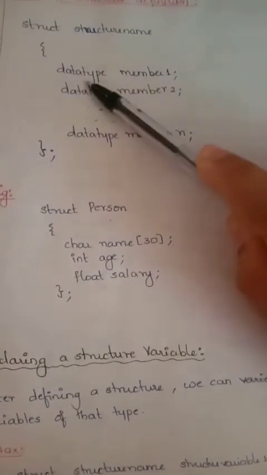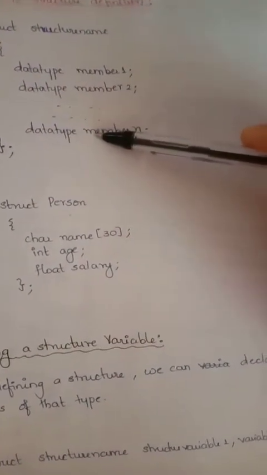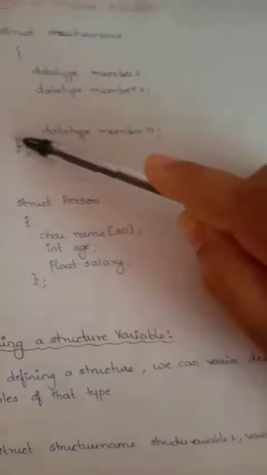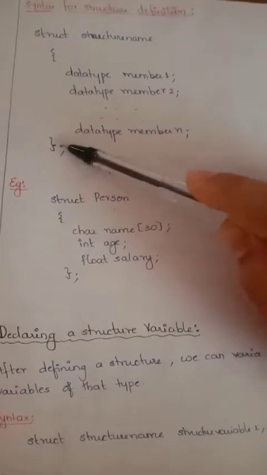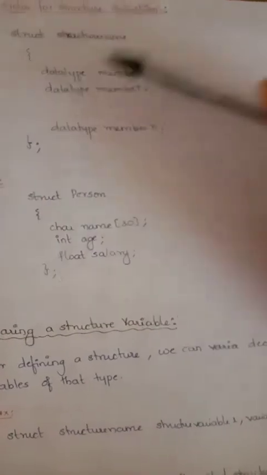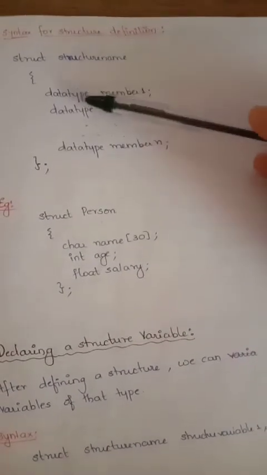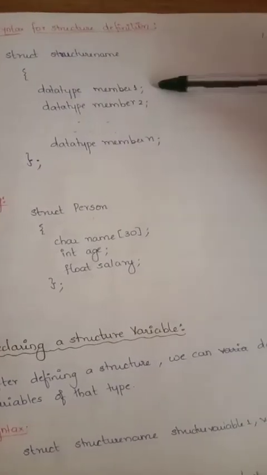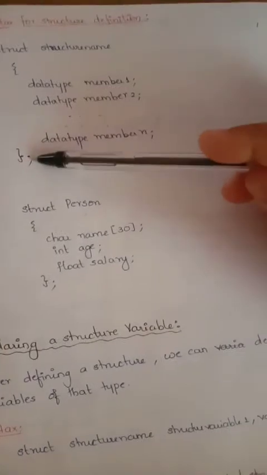So you have to specify data type member 1, data type member 2, up to however many members you have to declare. Close your curly braces, put a semicolon without fail.